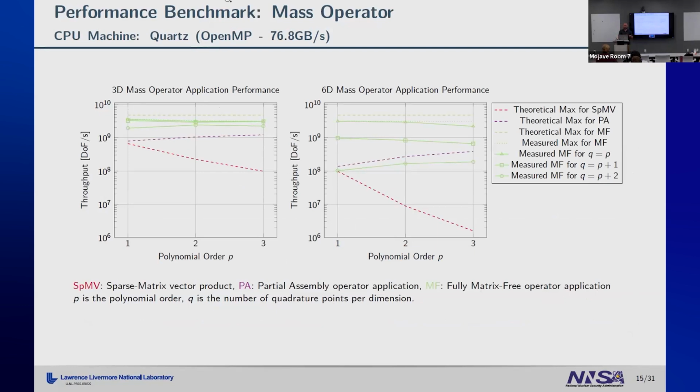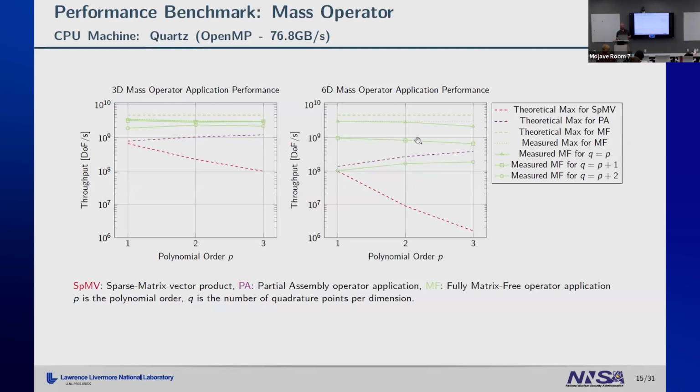It's based on the bandwidth that's here. This benchmark is using OpenMP. In green, this is matrix-free absolute maximum. In purple, this is partial assembly, and in red, you get the sparse matrix. So we see that in 3D on CPU, we're fairly close to the peak performance for a mass operator.